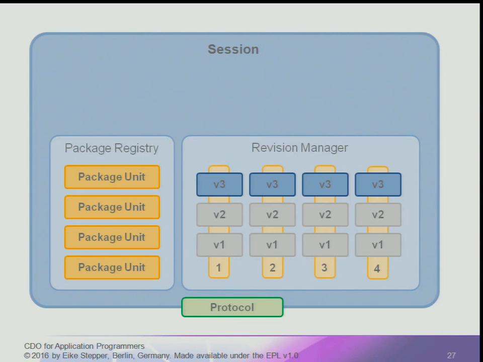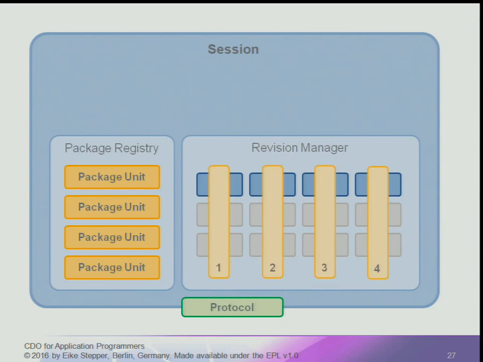So here we have an example of 4 objects. You see here the so-called CDO IDs of the objects. And we have the different versions that were created over time. With these revisions, they are not E-objects, so it's a little bit a technical concept. Your application typically doesn't want to interact with them directly.